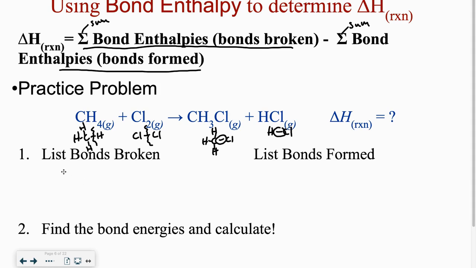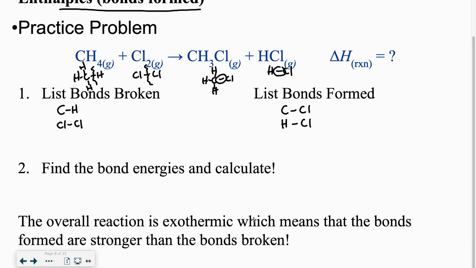Okay, so here we're breaking a CH bond, and we're breaking a Cl bond. Here, a CCl bond is formed, and an HCl bond is formed. Then we can just find the bond energies and calculate.